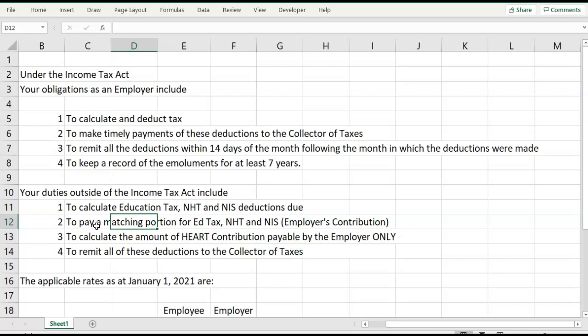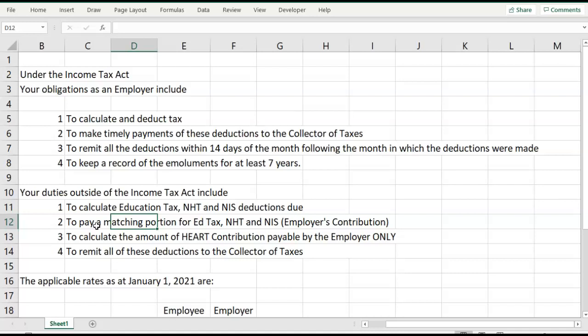Now, a lot of employees will go to NHT, file for their NHT refund, and then find out that their employer never paid over the deduction. So that is cheating. That is unfair to your staff.